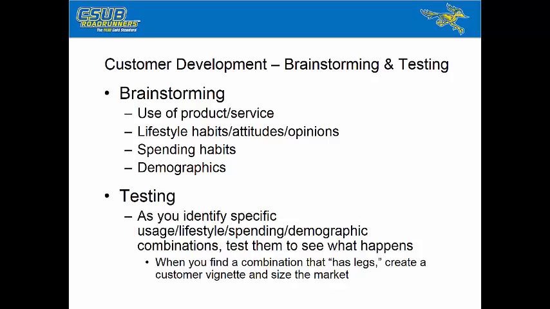So we can make an estimate. If this person likes it, and we could find 5% of the population that likes it too, then we would have this many revenues.